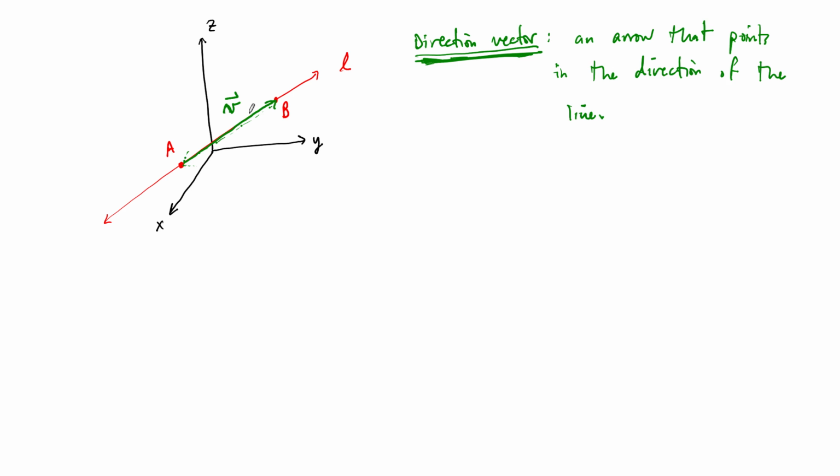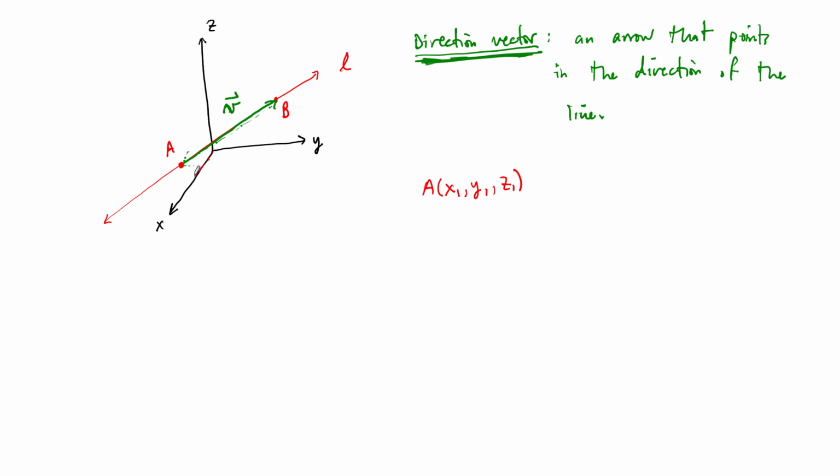Now, the question becomes, how are we going to describe this direction vector to someone else, right? And this is where coordinates come in. So the coordinates of our points, remember, in three-dimensional space, it takes 3 pieces of information to describe our points. So this point A is out x1 in the x direction, y1 in the y direction, and then z1 in the z direction.